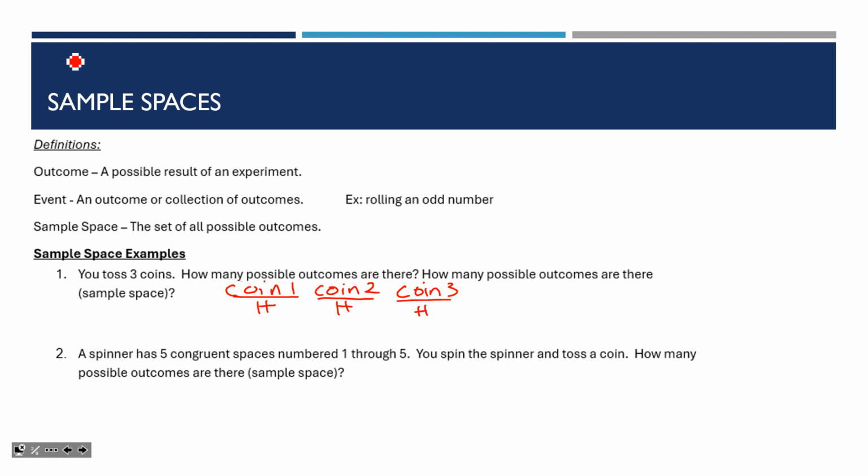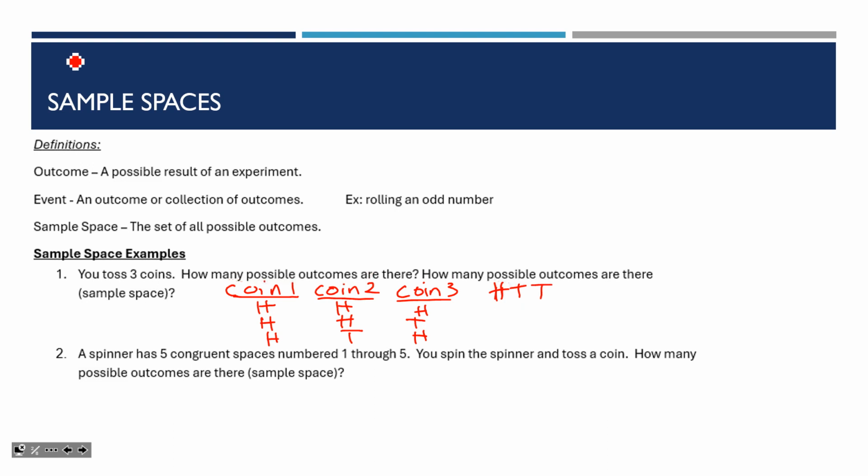But I could also get a head on coin 1, a head on coin 2, and then a tail on coin 3. I could also get a head on coin 1, a tail on coin 2, and then a head on coin 3. Or I could get a head on coin 1, a tail on coin 2, and a tail on coin 3.